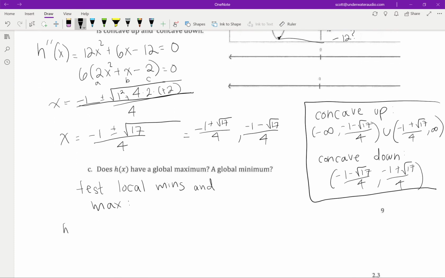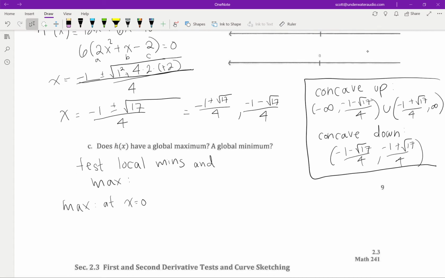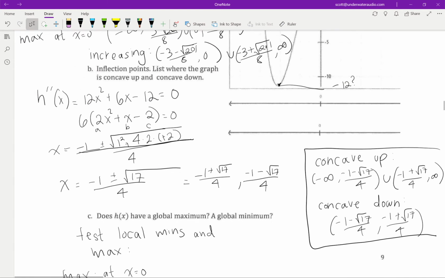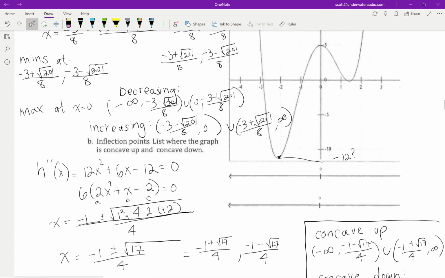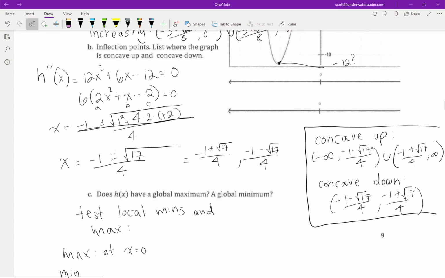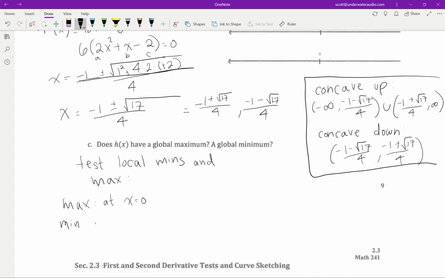So I'll start with a possible max. X equals 0. And so I'd plug that in into the original equation. And then there was mins, let's see, -3 plus or minus the square root of 201 over 8.